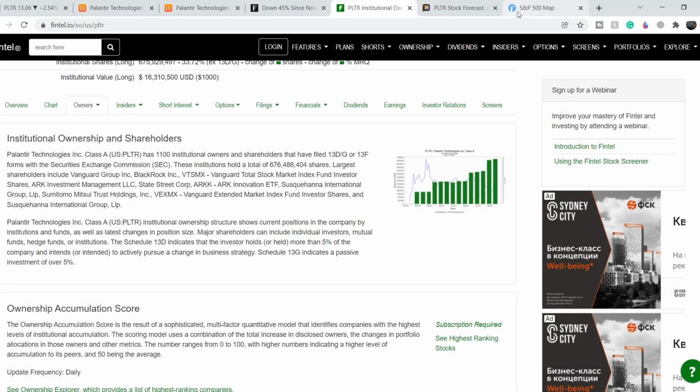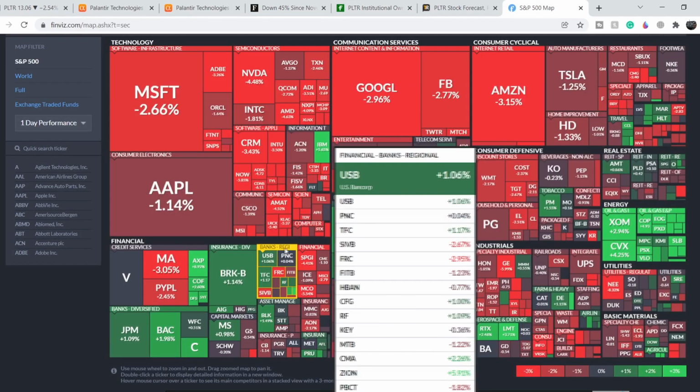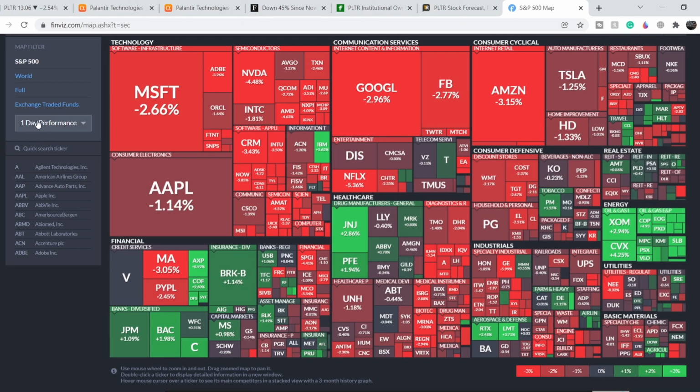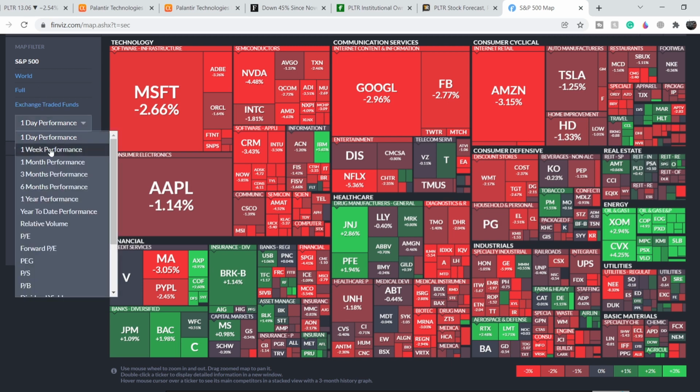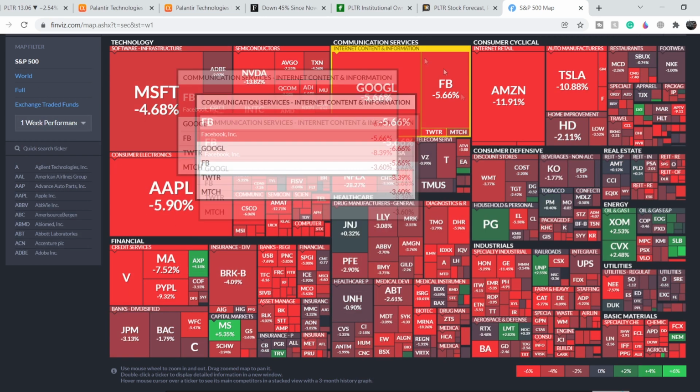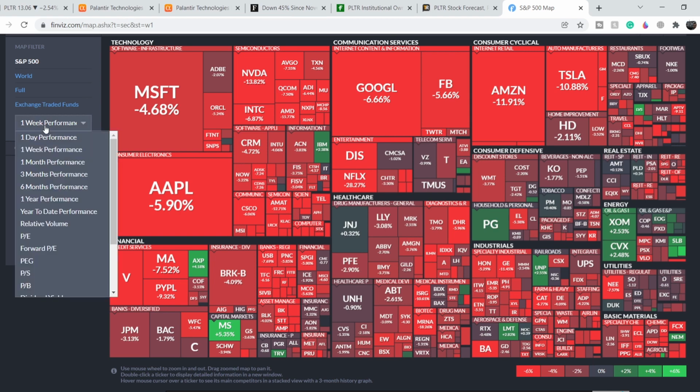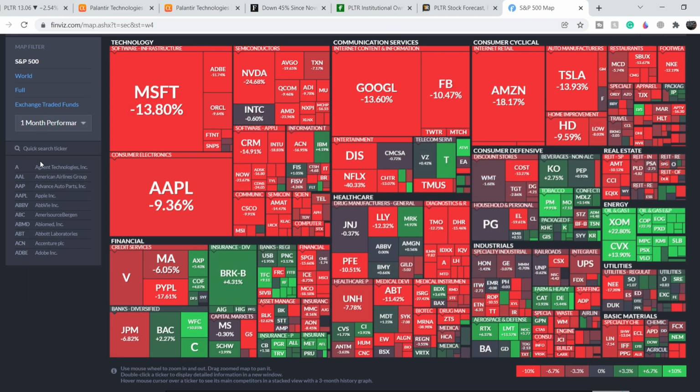So, let me show you that for now we have basically a red day on the market, and if I switch, it is the S&P 500 heat map, and if I switch from daily performance to weekly performance, we have the same picture, and even monthly performance is also pretty much red.